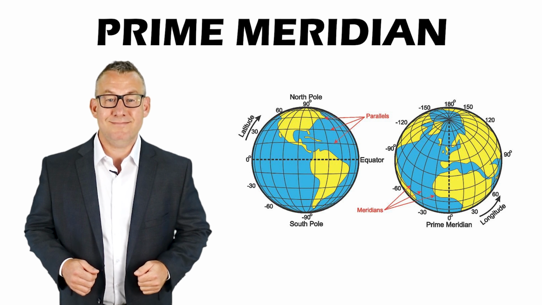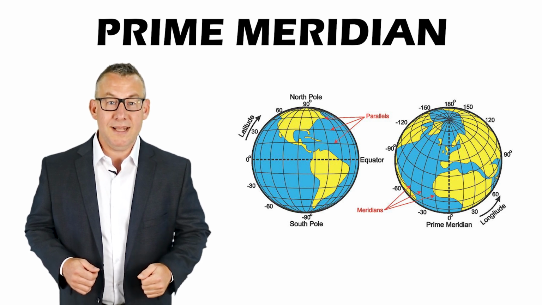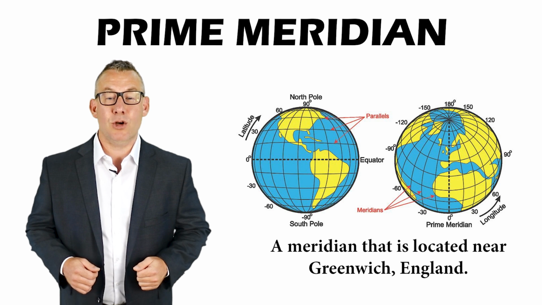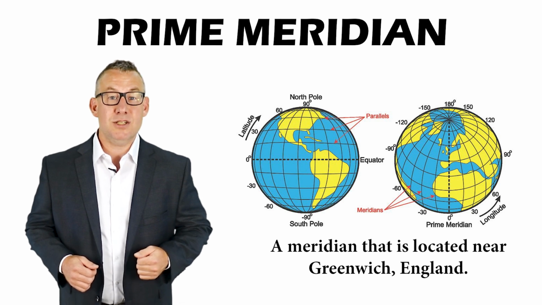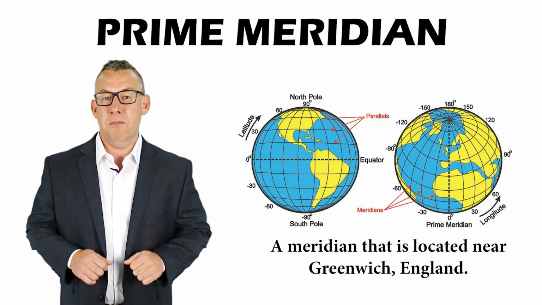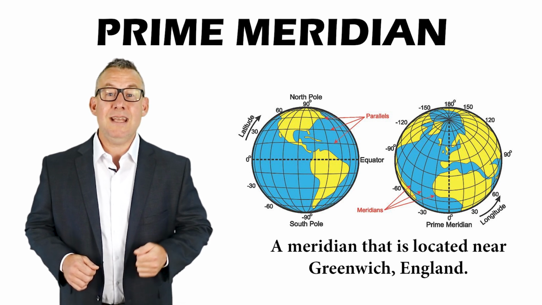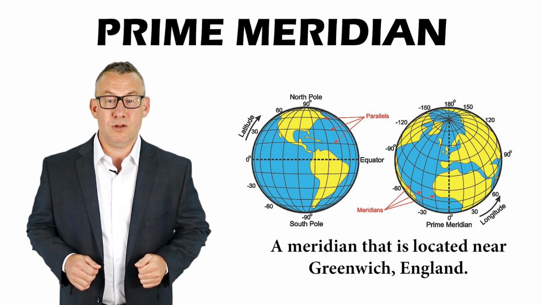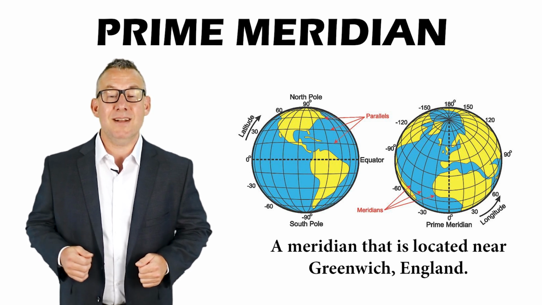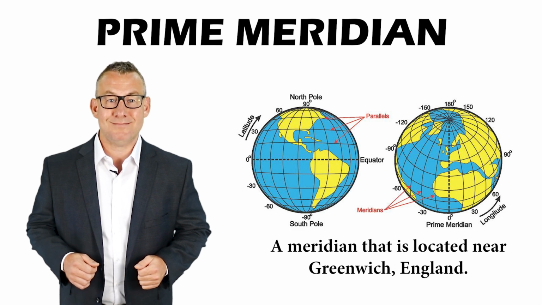The prime meridian. The prime meridian is a meridian that is located near Greenwich, England. It is used as the central meridian for many projections. Points east of the prime meridian have positive longitude values. Points west of the prime meridian have negative longitude values.